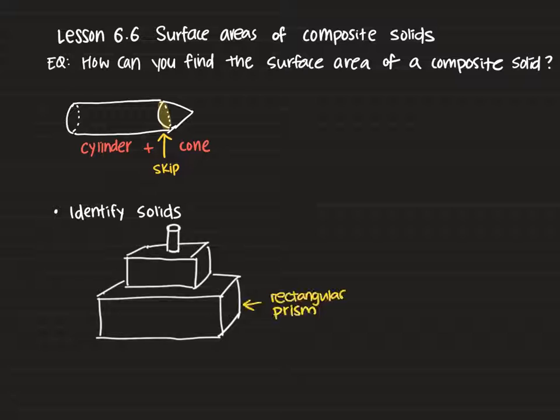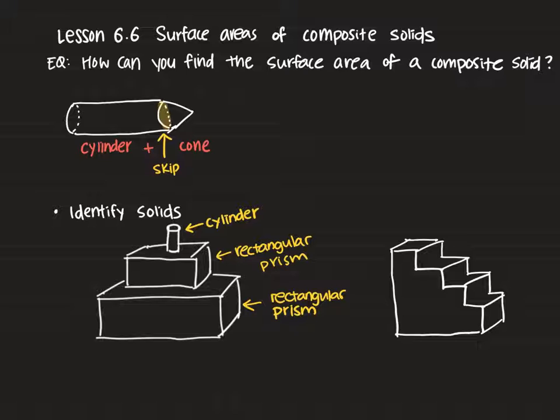You're also going to have a cylinder, and approximately a rectangular prism on the bottom that's attached to a different figure. Or sometimes it could be like stairs or steps to a house. You're going to have two or maybe three different rectangular prisms put together to make this shape.